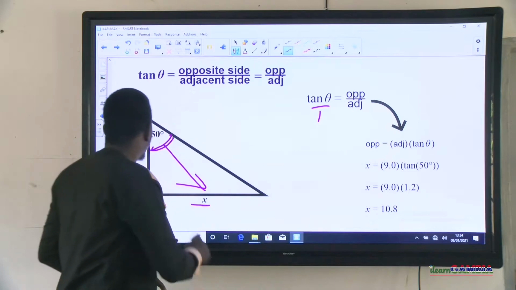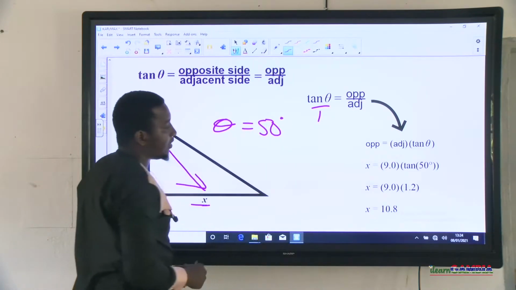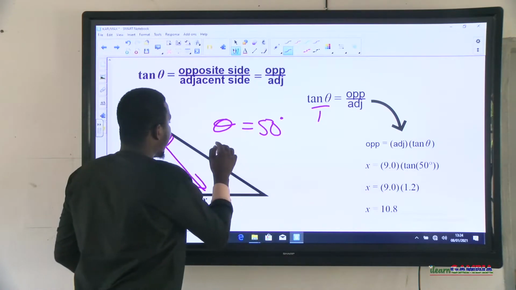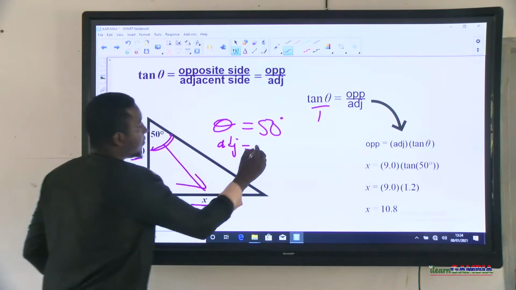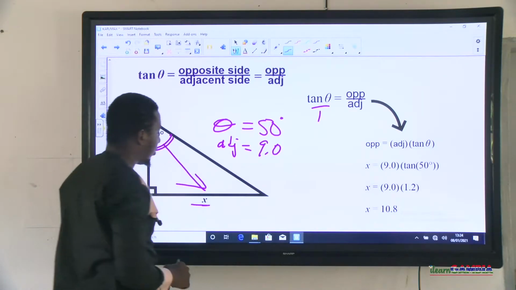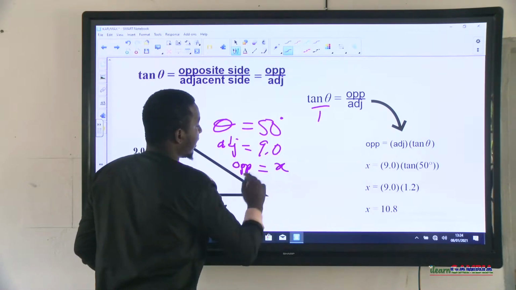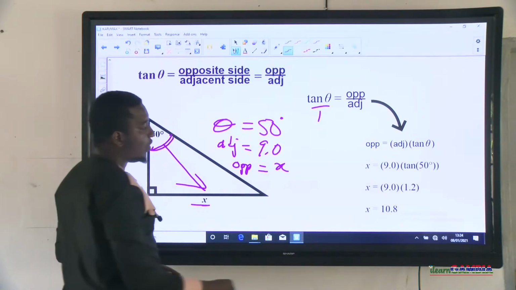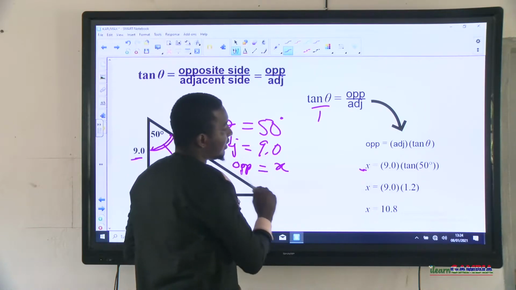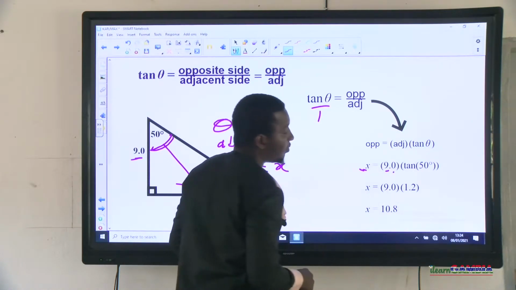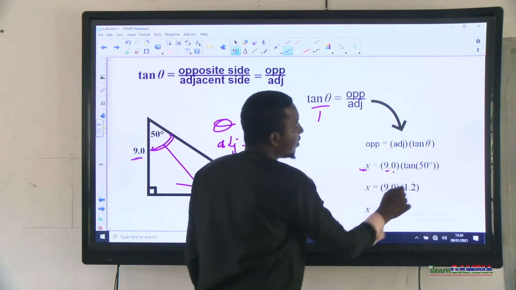And theta there is equal to what? 50 degrees. The adjacent side is equal to 9.0, and the opposite side is equal to x, and that's what we want to find. So substituting that, we have opposite, which is x, equal to the adjacent, 9.0, multiplied by tan of theta, which is tan 50.